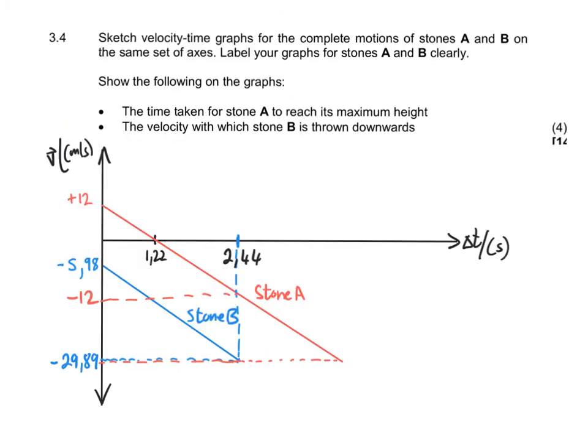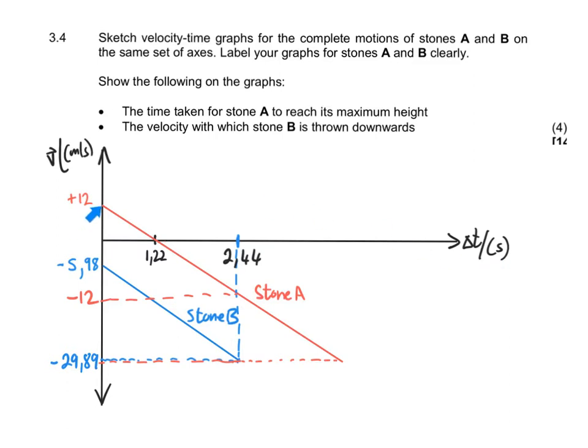Here we are asked to sketch the velocity time graphs for the complete motions of stones A and B on the same set of axes. Label your graphs for stones A and B clearly. Show the following on the graphs: the time taken for stone A to reach its maximum height, and the velocity with which stone B is thrown downwards. Now, first things first, it's a velocity time graph, so we label the axis.